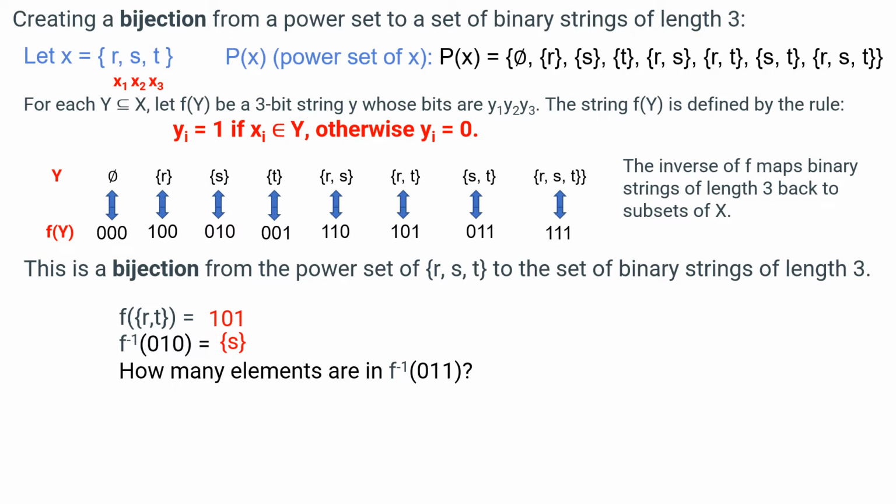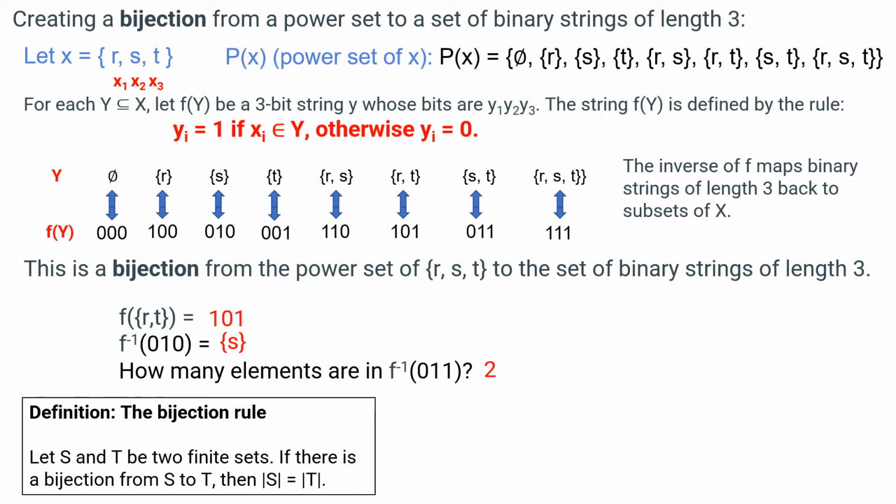We wouldn't even have to figure out which elements those are. We see 2 1s in there, so we know that there would be 2 elements in that. So that's kind of how to go back and forth here. And I think the participation exercises will have you working with this, and maybe even the challenge exercises too.